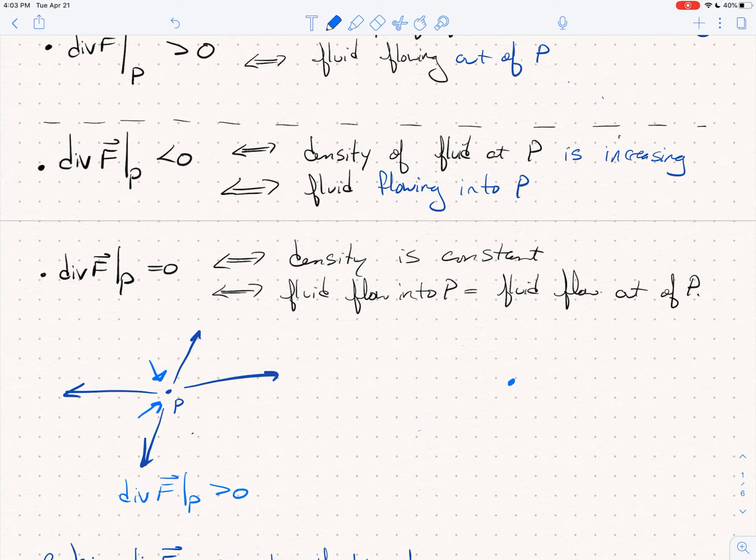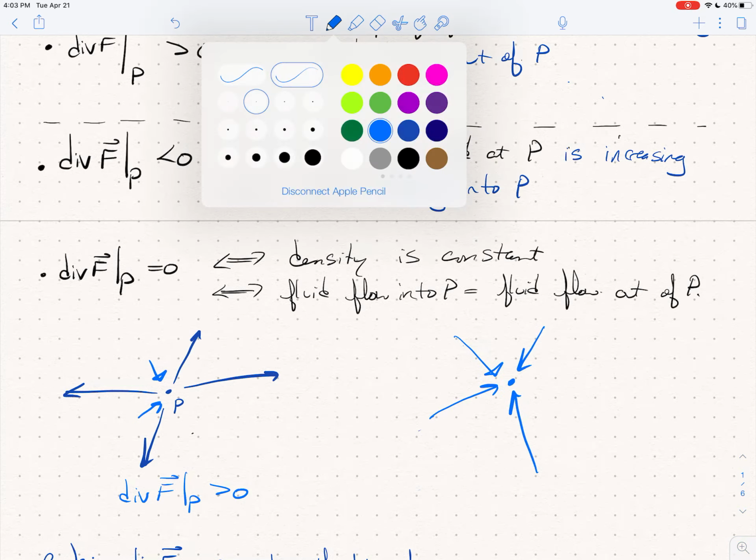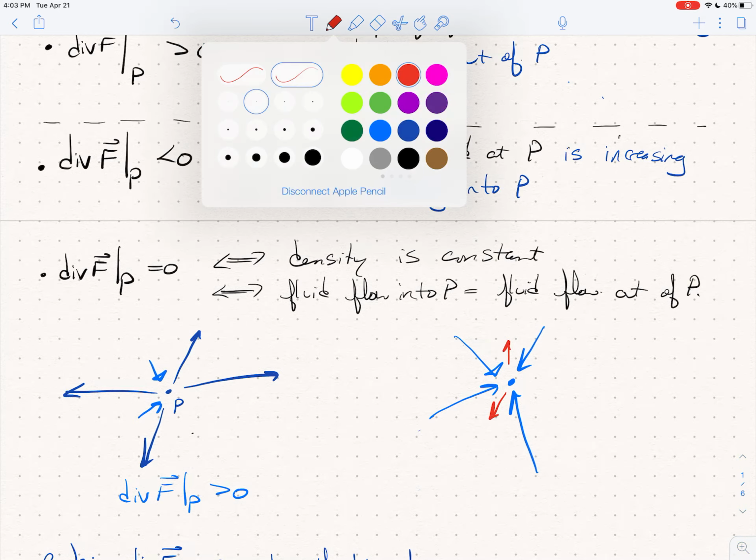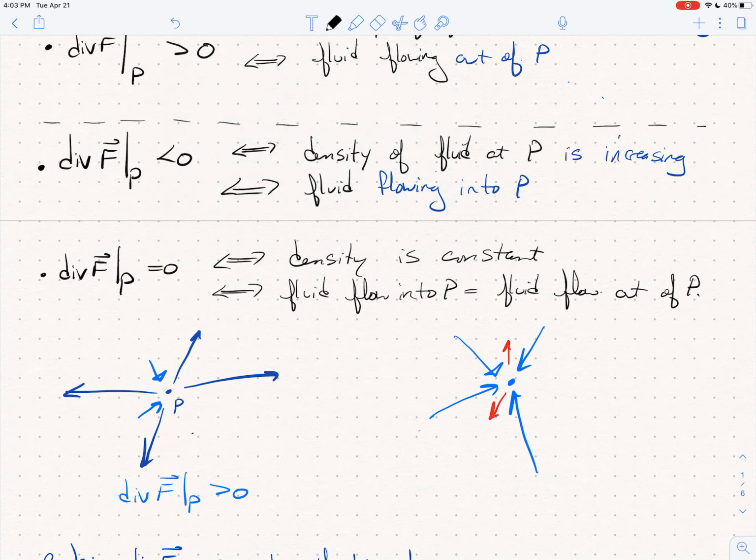And on a similar note, you can probably draw the other picture yourself, but if this thing has a lot more coming into it than is coming out of it, maybe the output vectors look like that. Here you can tell, hey, this is a sink. The density is actually getting higher, so we expect the divergence of F evaluated at P to be negative.